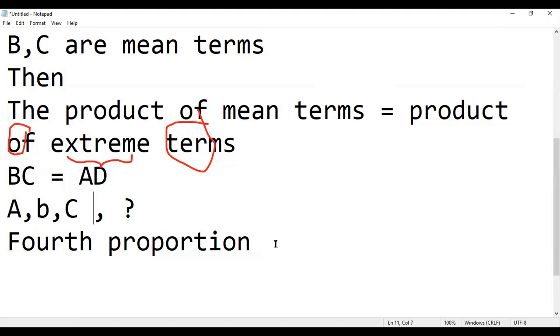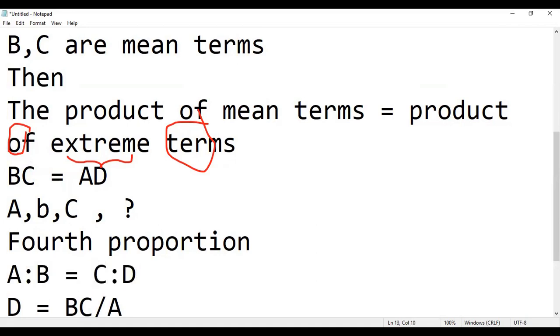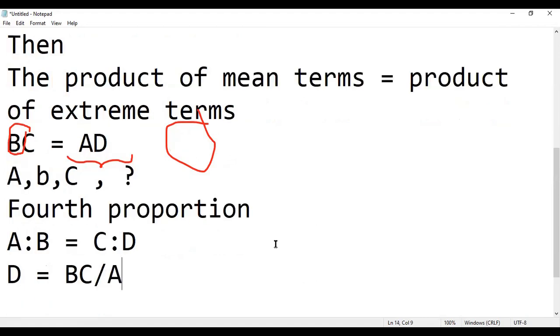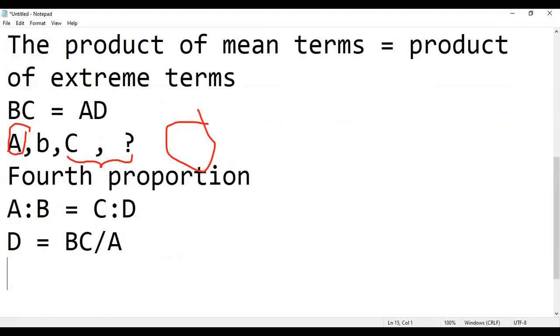D is equal to BC by A. So D is nothing but the fourth proportion. How can we get the fourth proportion value? It can be written as A is to B equal to C is to D. Whenever two ratios are equal, we know the condition that the product of the mean terms is equal to the product of the extreme terms.